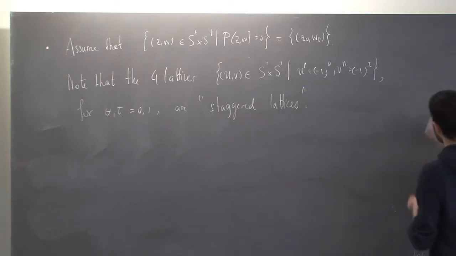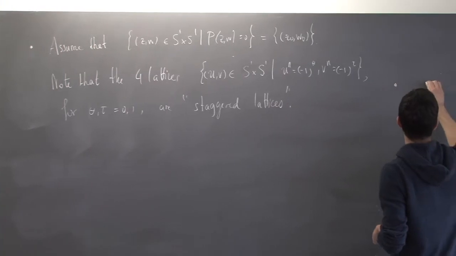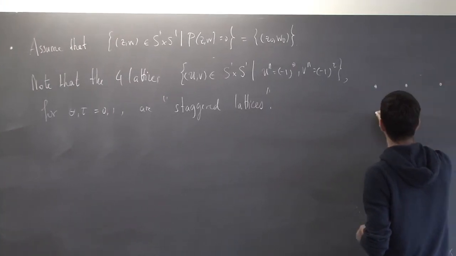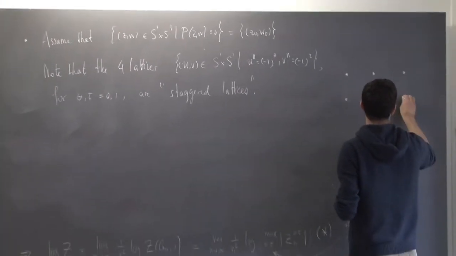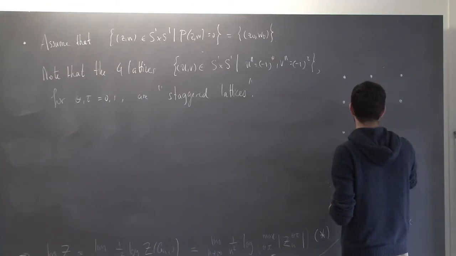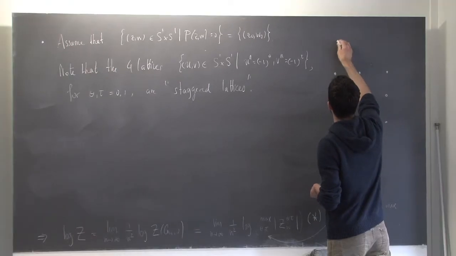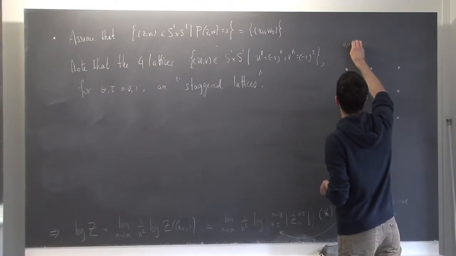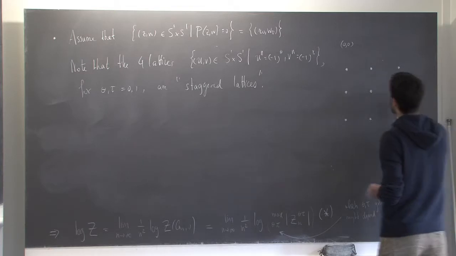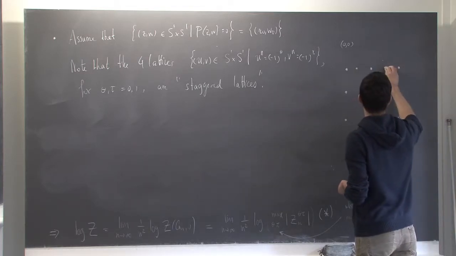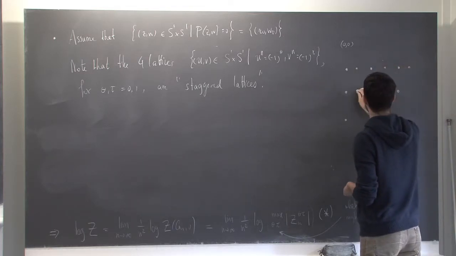So maybe I'll just draw a little something here. Maybe this is for theta tau equals 0, 0. And then theta tau equal to 1, 0, something like that.